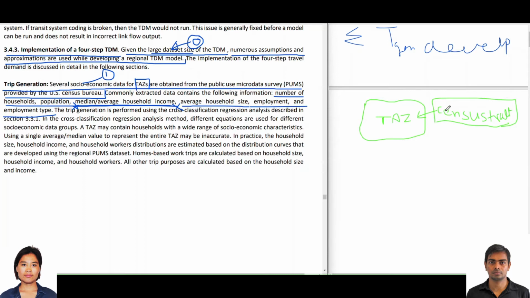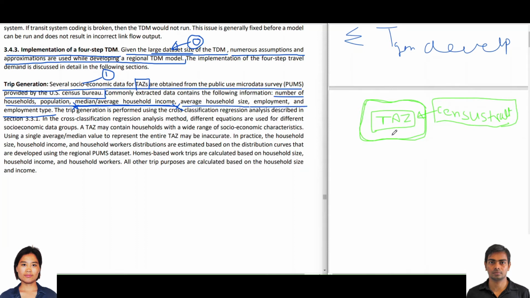So census tract gives the average information about that census tract, and if we declare it as a TAZ, then we know the socioeconomic data of that TAZ. So that's one of the biggest advantages of declaring TAZ boundaries as the census tract, that we can directly take the census tract data and call it TAZ data.